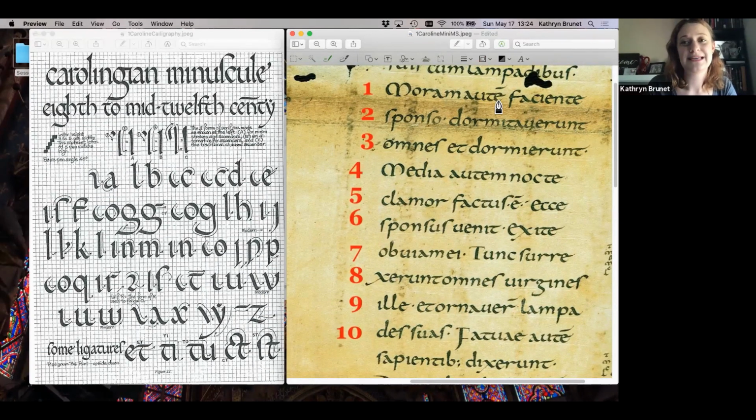So A-U-T-E, but auta is not a word in Latin, you have to have another letter on the end for your endings. So this line here is called a macron. And macrons often symbolize N's or M's at the ends of words. So this word is actually autem, A-U-T-E-M, and the M is abbreviated.